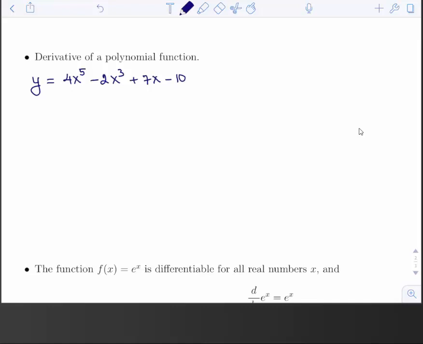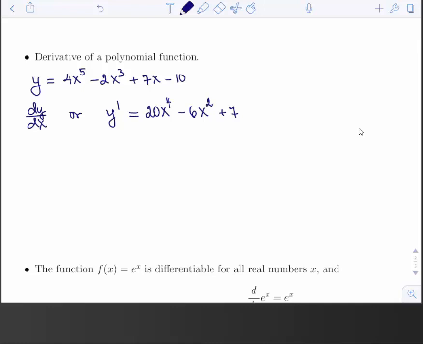You can say dy dx, or y prime, would be 4 times 5, that is 20, 20x to the 4th. 2 times 3, that's 6, reducing all my powers by 1. Plus 7 and minus 0. So that is my derivative.